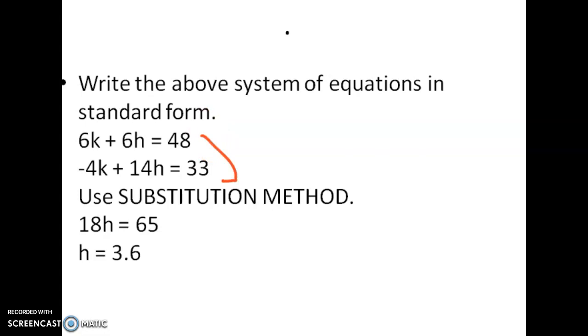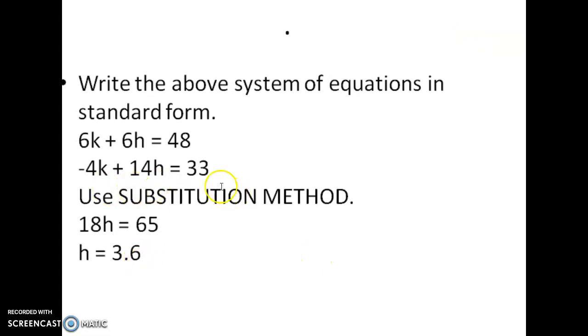This is the simplest simultaneous equation we will find. By substitution, you get h is equal to 3.6. In most cases you find that the question is set so that you get a whole number without decimals, but for the purpose of study, I've just picked random numbers. Now we have an h.